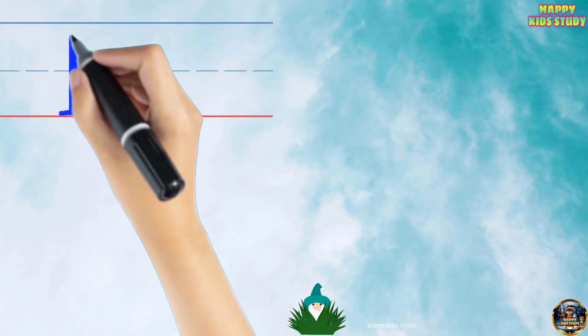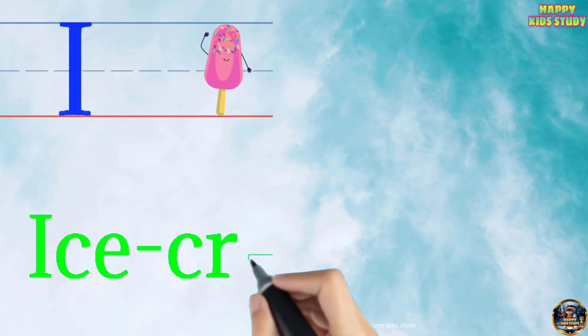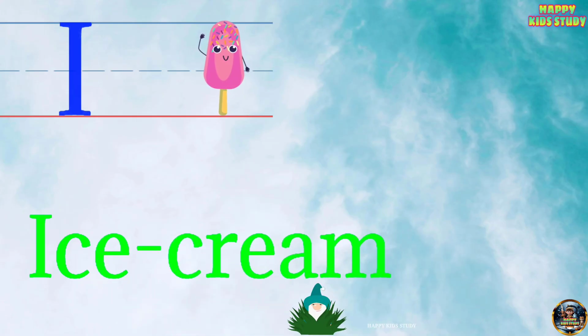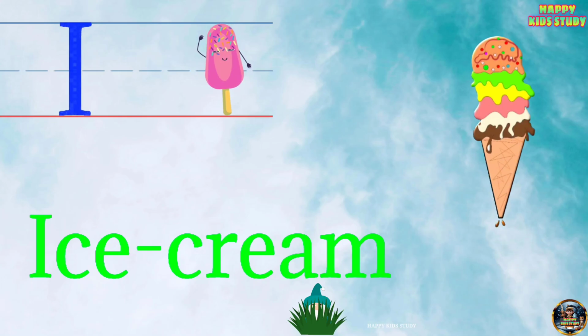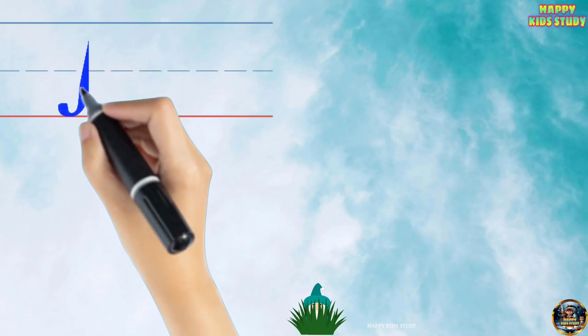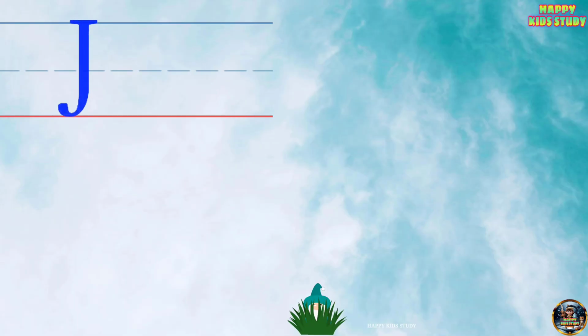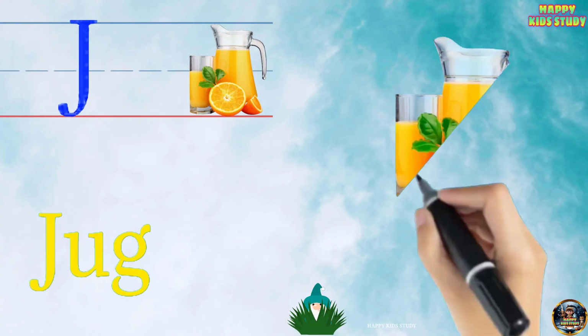I. I for ice cream. Ice cream means ice cream. J. J for jug. Jug means jug.